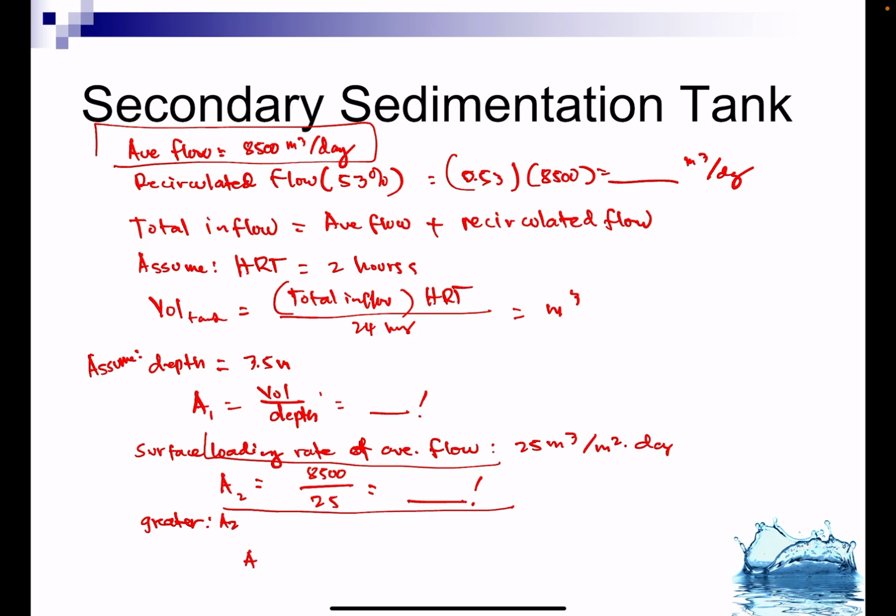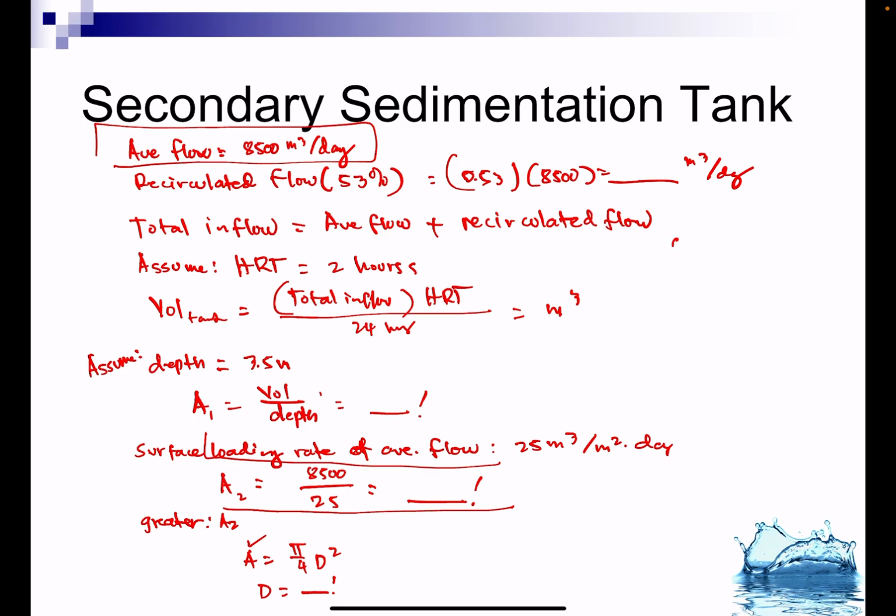Once you know the area, since it's circular, it's just equivalent to pi over 4 d squared. So you know the area, you can compute for your d. Now, you have to check for your weir loading. It's the average flow, 8,500 cubic meter per day, divided by the length of the weir, or the diameter.